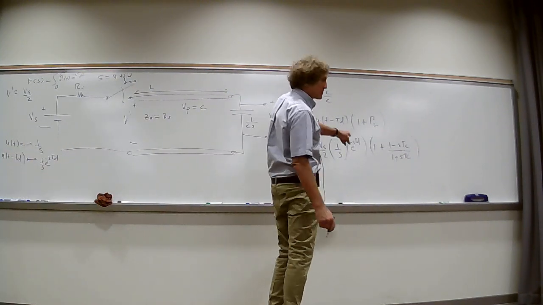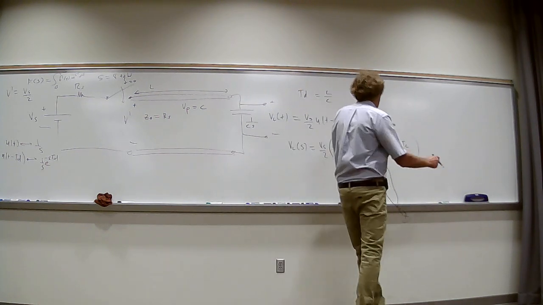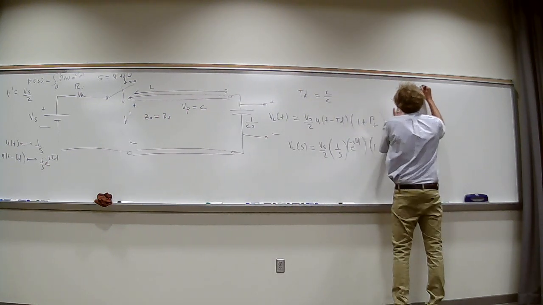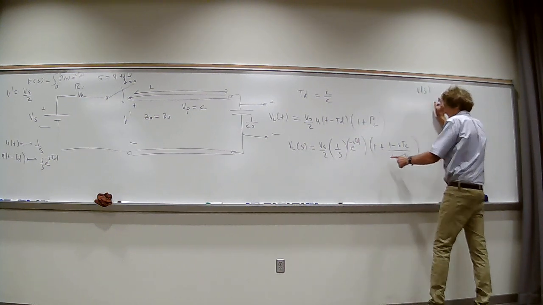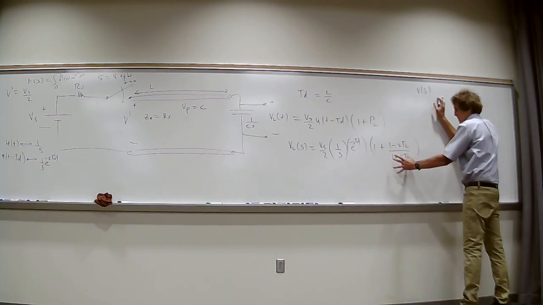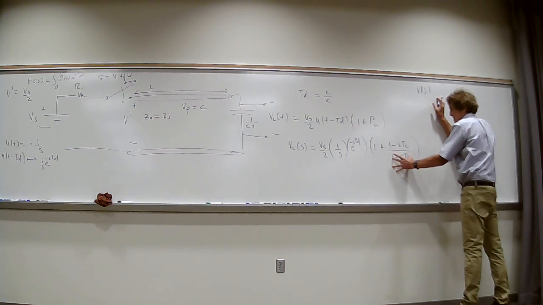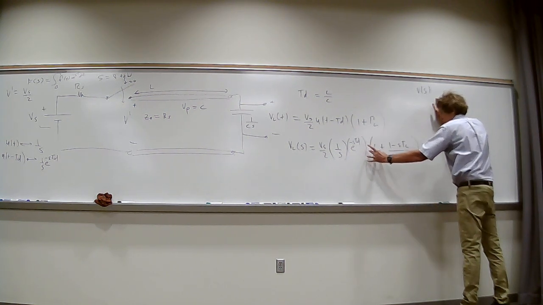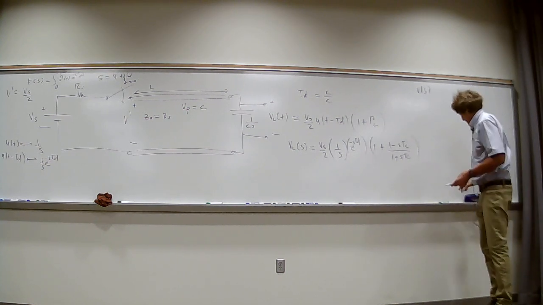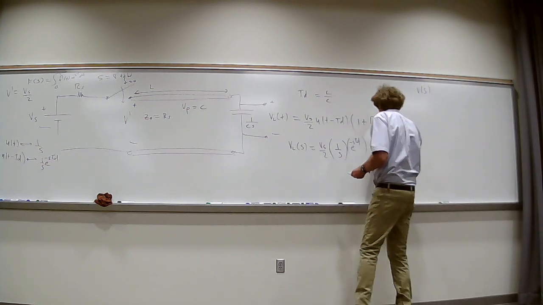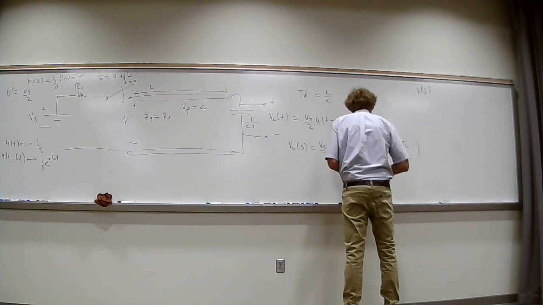All right, now if I reduce this right here, what do I get? Take a look. I get V of s right here. Well, you can see right here, what happens here? I multiply 1 plus sτC times the 1 and divide it by that. Do you all follow me on this? All right, if I do that, I'll put it right here. Hopefully I can get it in here.